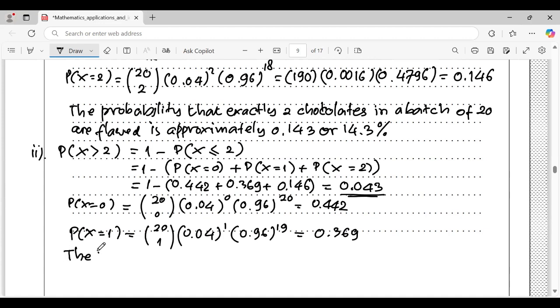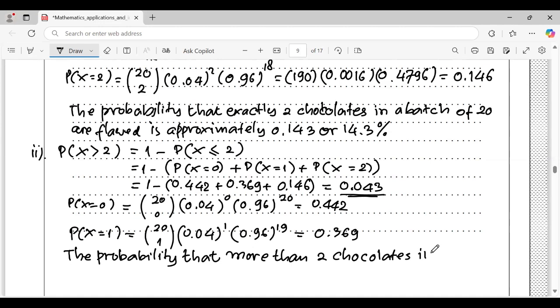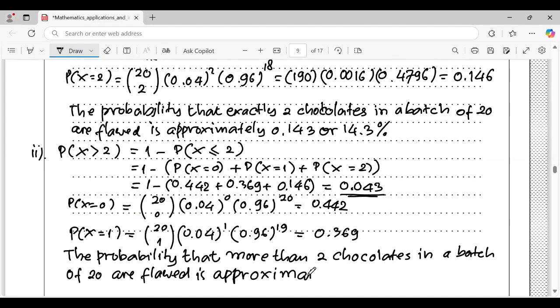So it means the probability that more than 2 chocolates in a batch of 20 are flawed is approximately 0.043 or 4.3%.